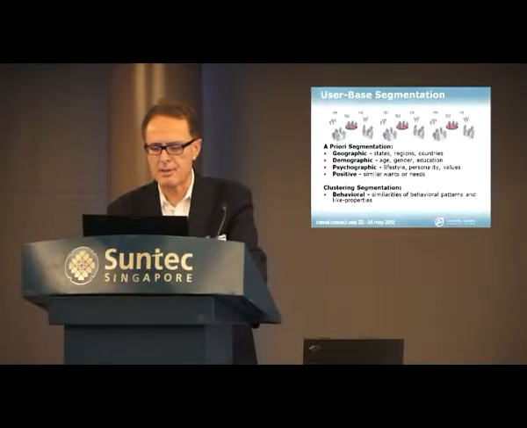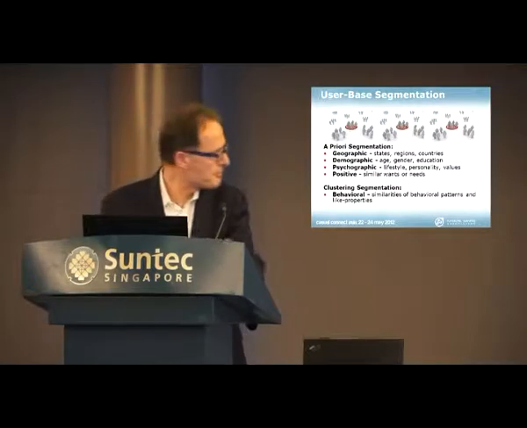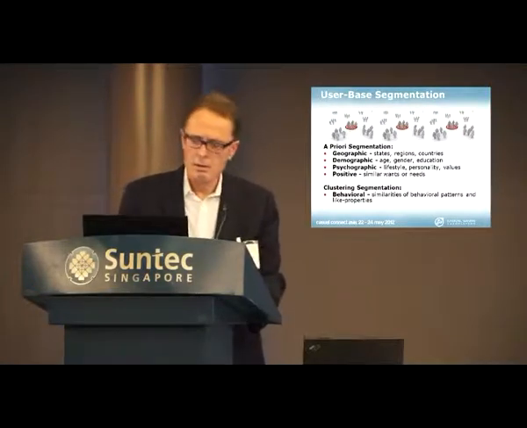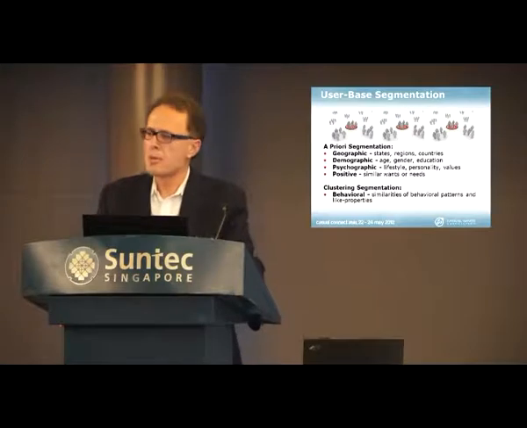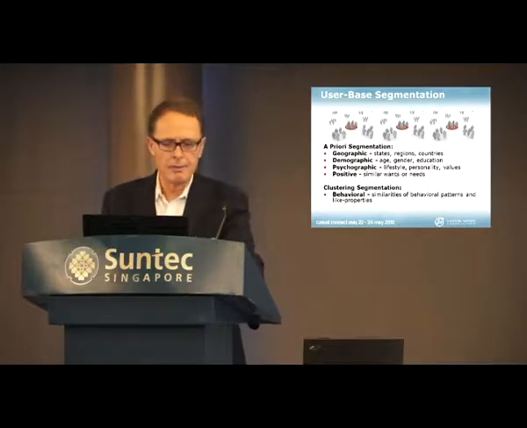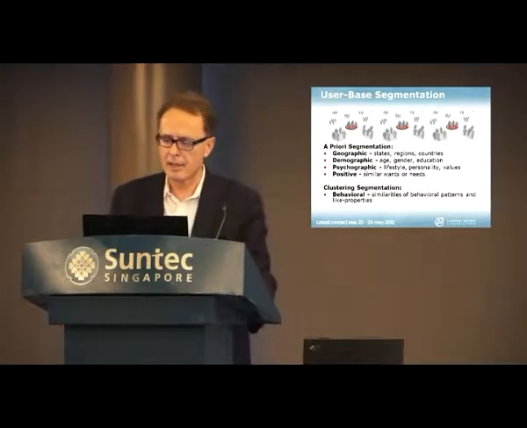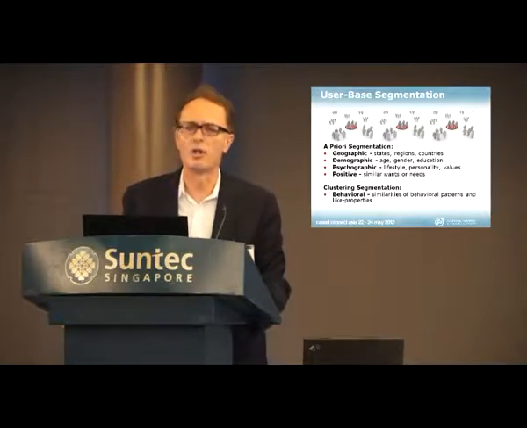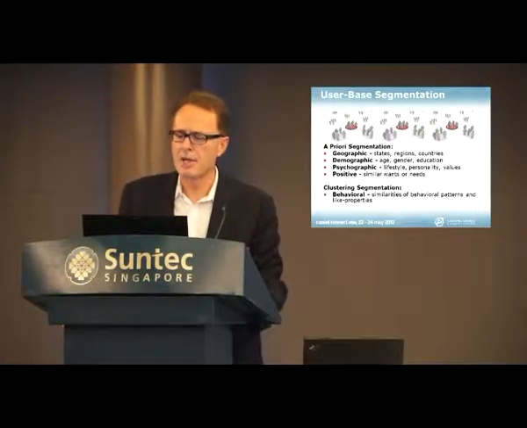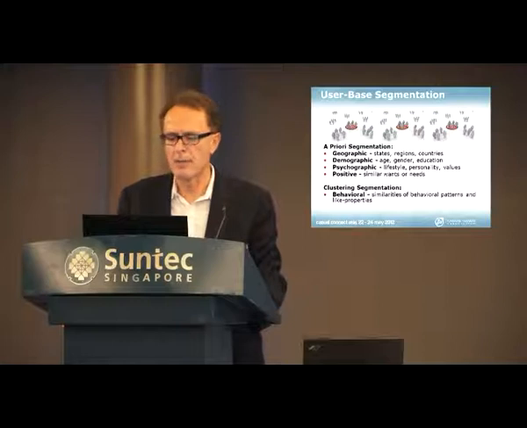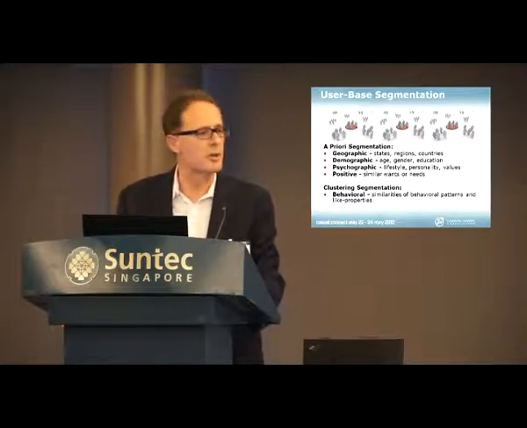So next, let's talk about segmentation methods. This is where things start getting a little more interesting. There are several segmentation techniques, and we won't be able to cover all of them here, but the basic concept is to create well-defined segments by grouping together users with similar properties.